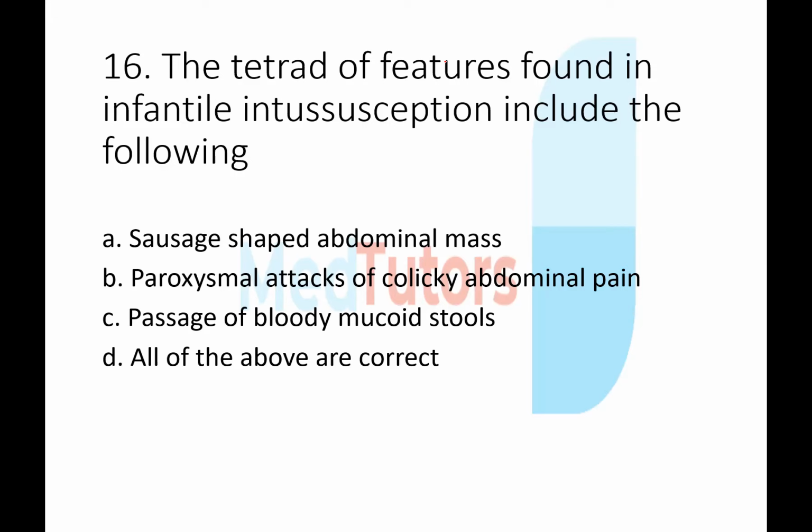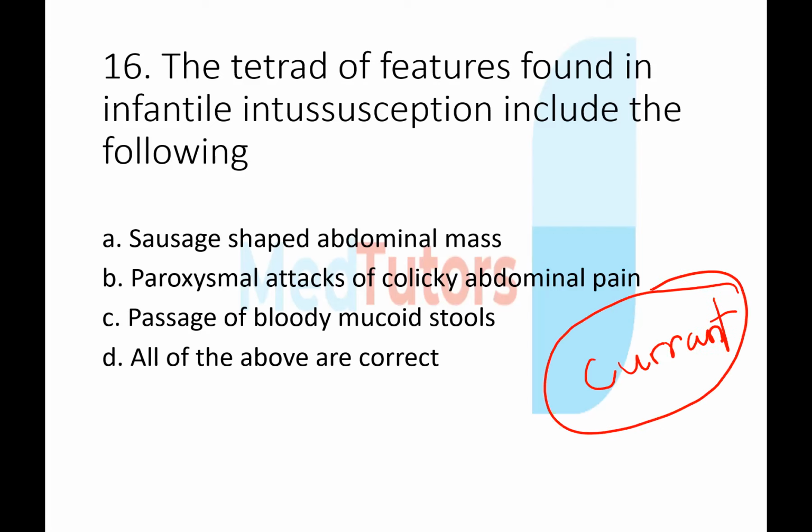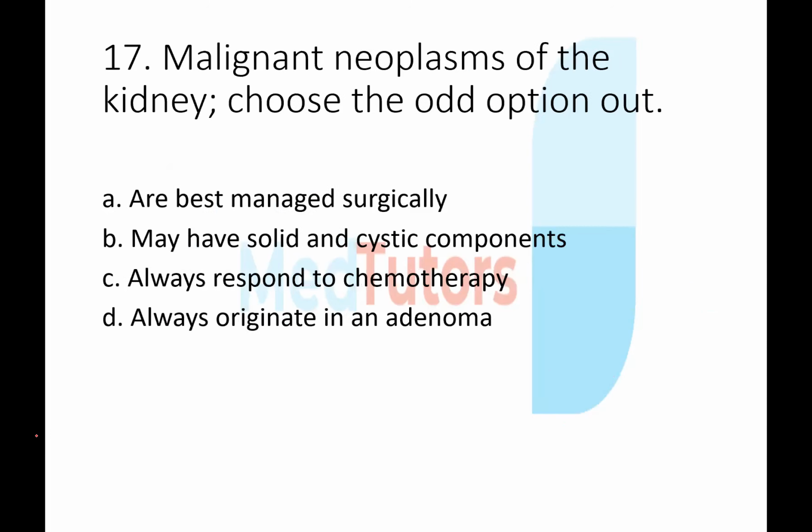If you remember that currant fruit you see in Ribena juice. So the stool will be mucoid and has that color due to mucosal sloughing.